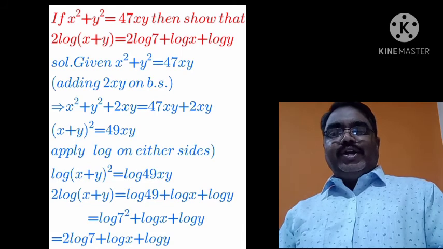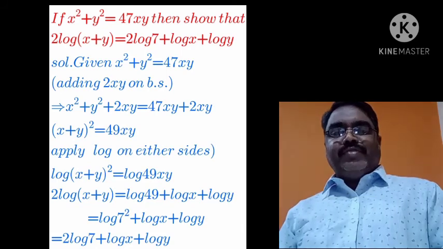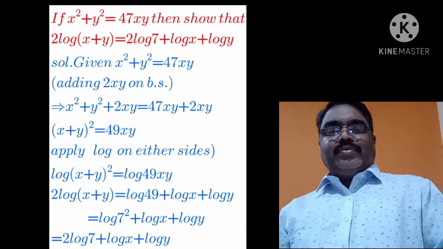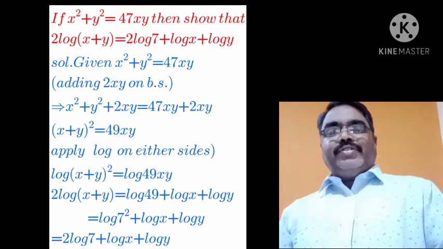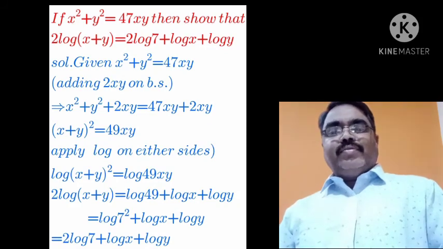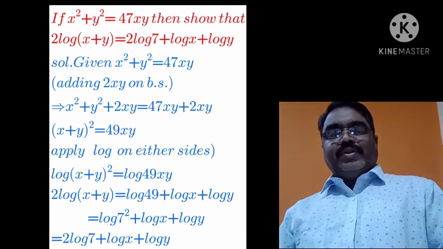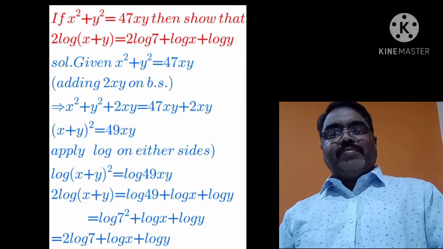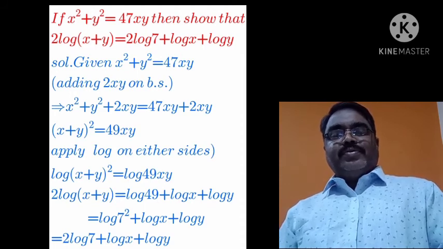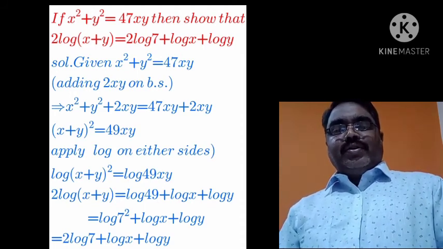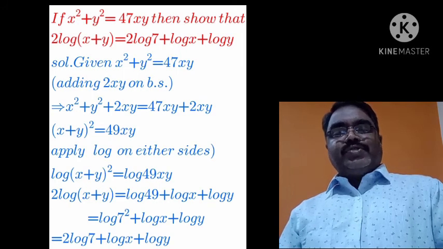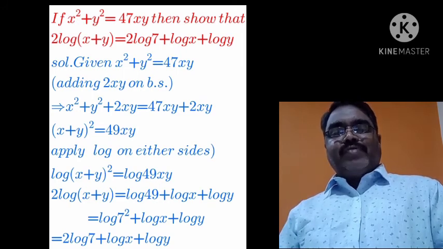Now by adding 2xy on both sides, we get here on the left hand side of this equation x plus y whole square. It is in the form of a plus b whole square, a square plus b square plus 2ab. So it implies x plus y whole square is equal to 49xy.